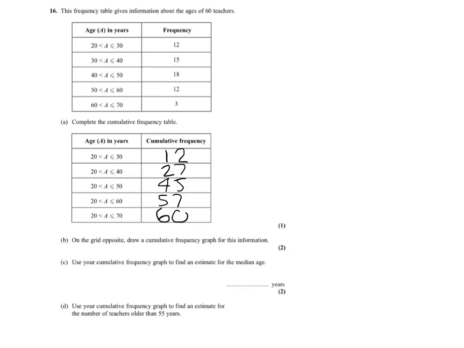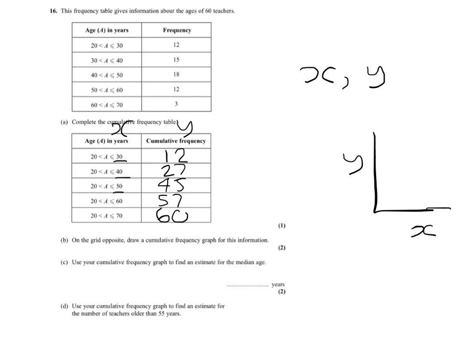What I'll do before that is talk to you about the coordinates. Any graph has x, y coordinates. Your y coordinate is your cumulative frequency. Your x coordinate is the end of the range, and that's how we do cumulative frequency. What we're saying is that there are 12 people aged up to 30.